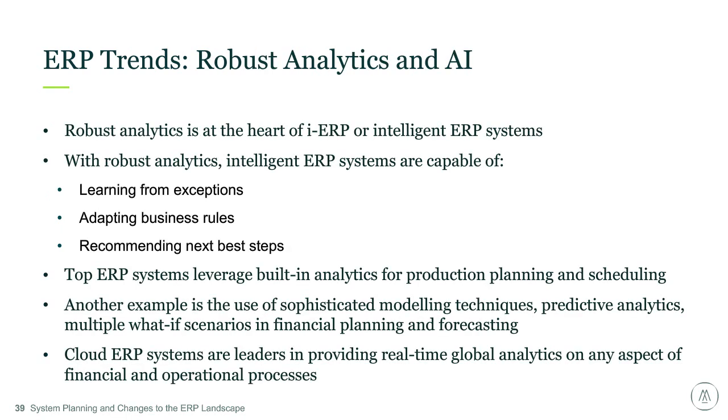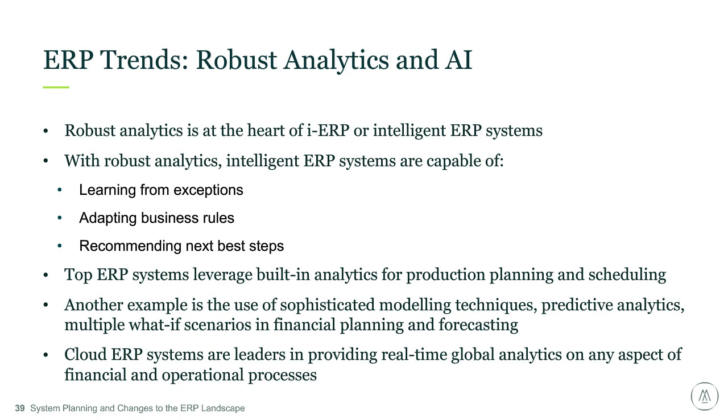Robust analytics is another trend, robust analytics and artificial intelligence. Robust analytics is at the heart of intelligent ERP systems. And with robust analytics, ERP systems are capable of learning from exceptions, adapting business rules, and recommending next best steps for you, so you don't have to think about it, through artificial intelligence or machine learning.